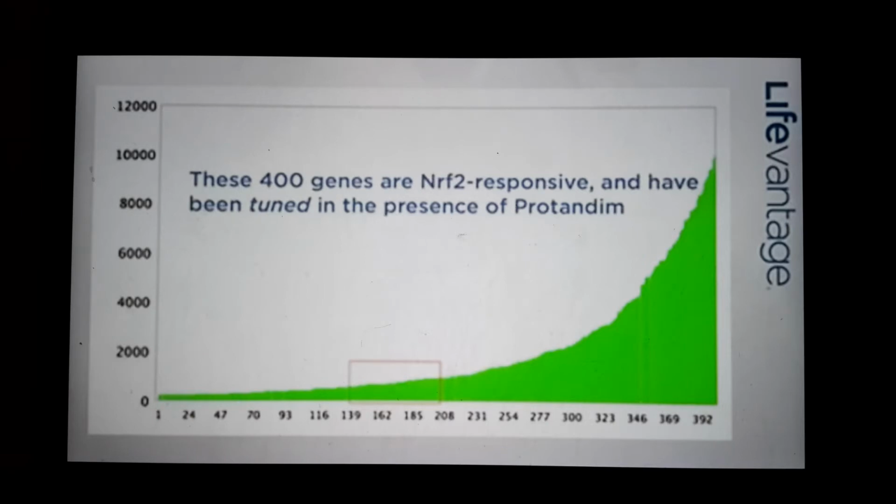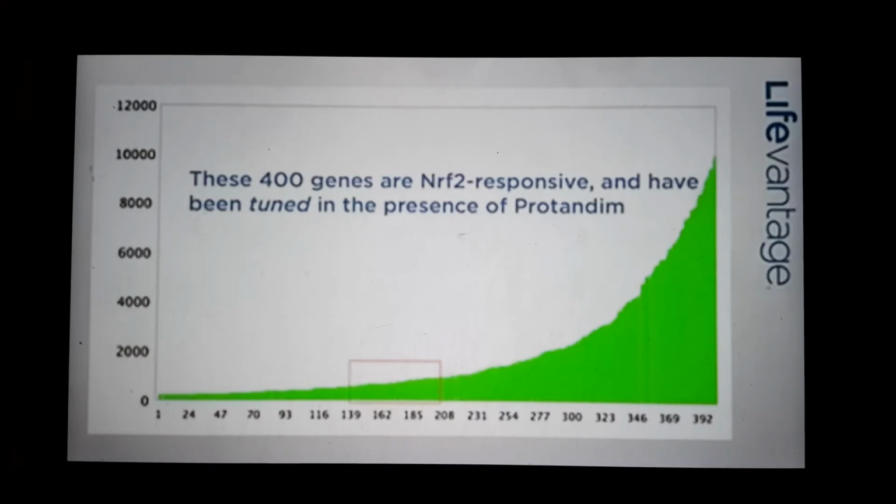These are the 400 genes, and this is real data from my laboratory, from human cells, 400 genes that respond most to protandum being added to the culture medium.